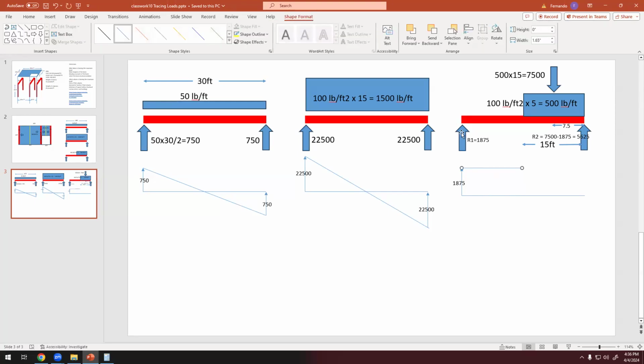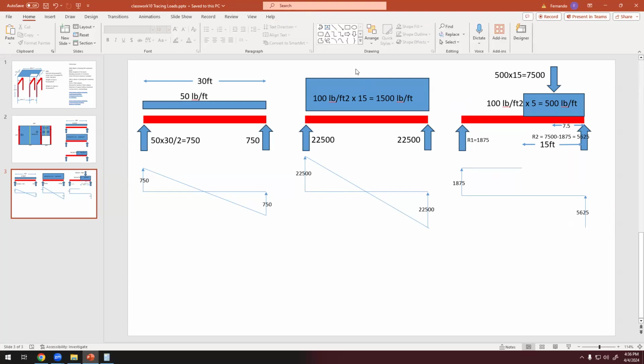At this point, we have an arrow going up, then we don't have anything else. And finally, we have another force going up. That force is 5,625. So from this point to that point, we have to go down, and finally we go up. So this is the shear diagram of that beam.